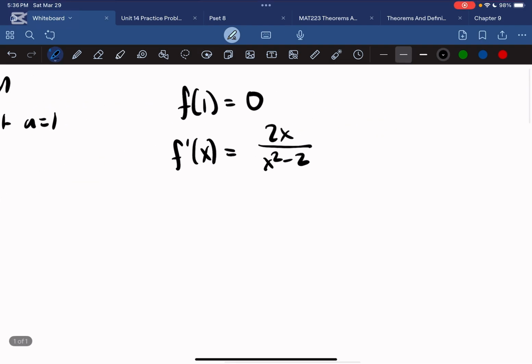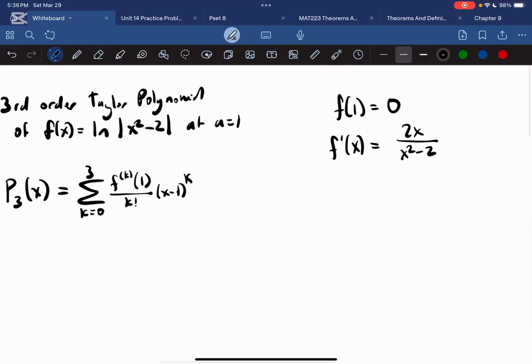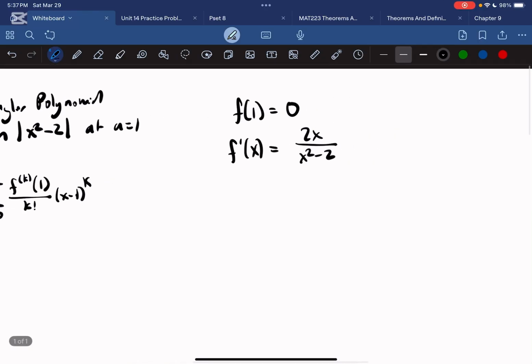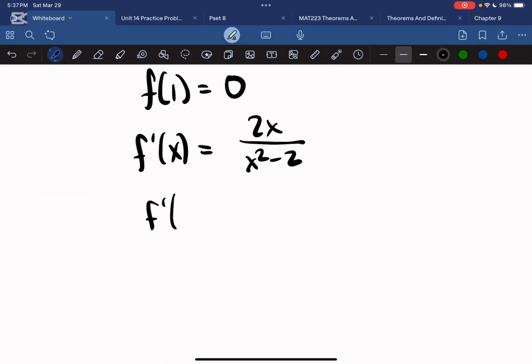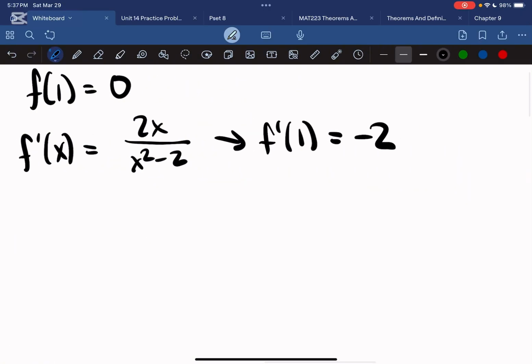This should make sense. And then when we plug in 1, we end up with -2, right?